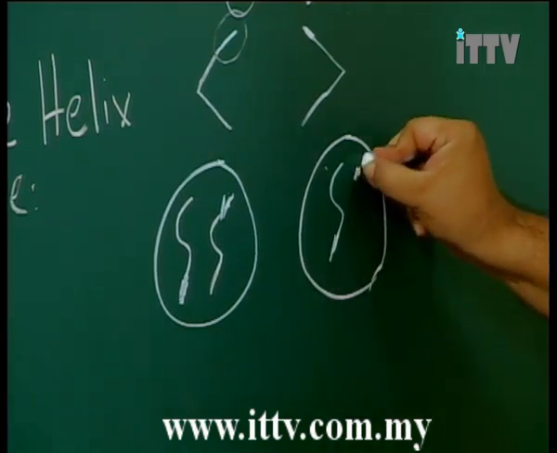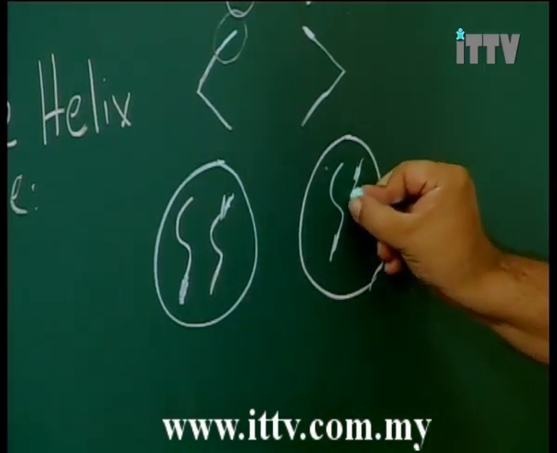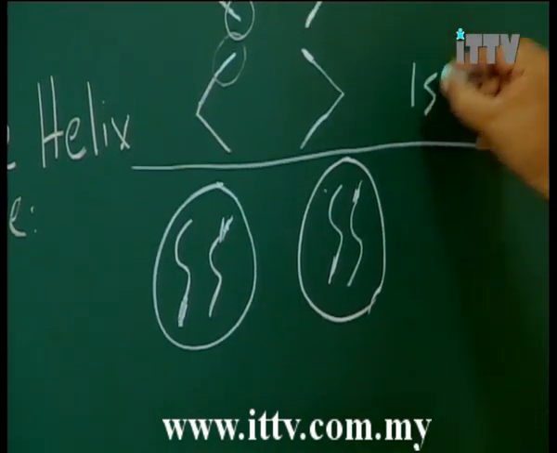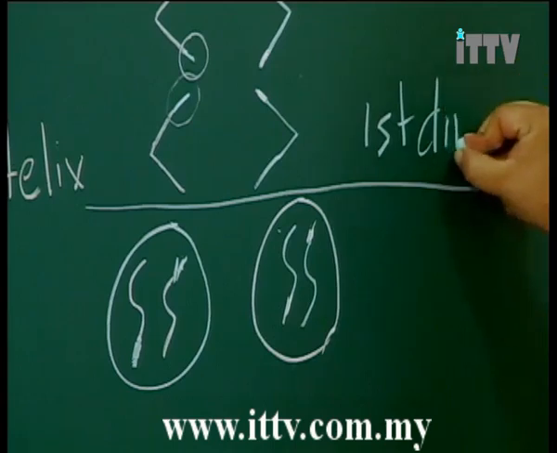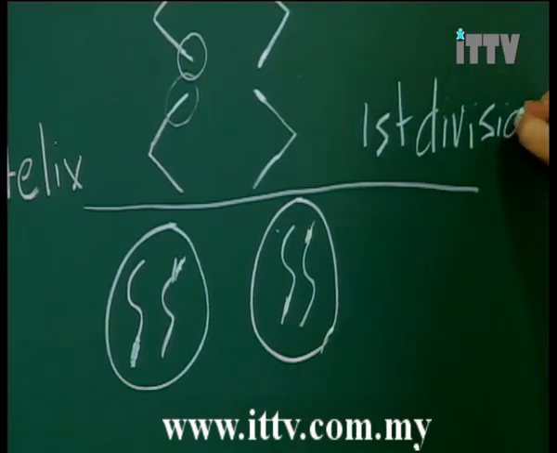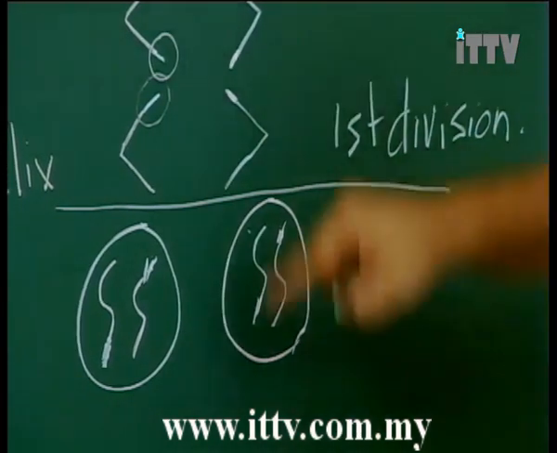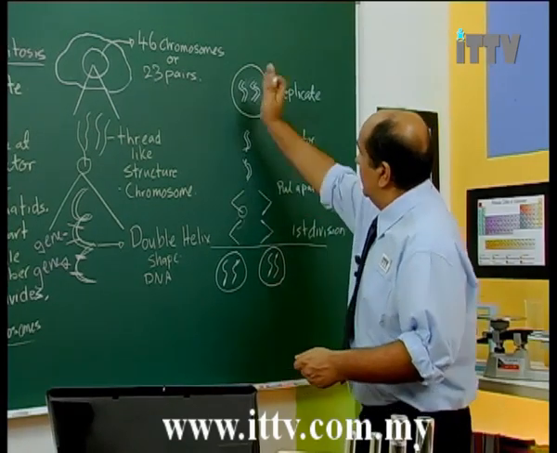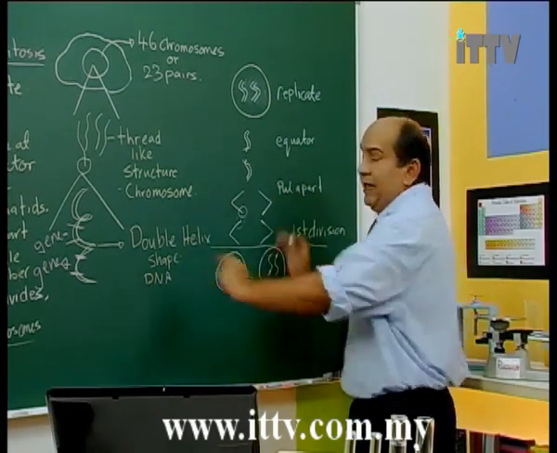And this one's got a bit of white at the top and then green. So this is the first division. We've divided one time. So remember, replicate, equator, pull apart.